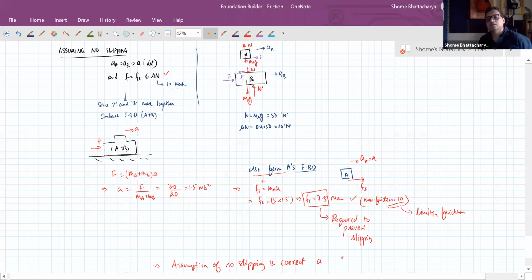Acceleration of A will be equal to acceleration of B will be equal to 1.5 meters per second square, and static friction of 7.5 newtons acts between the blocks A and B. So this is the final conclusion in this particular case.